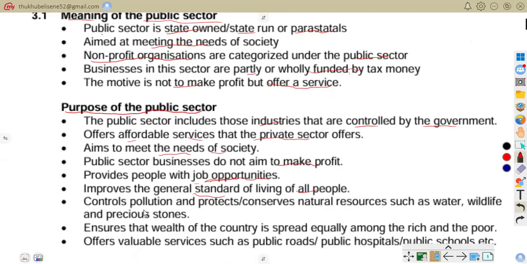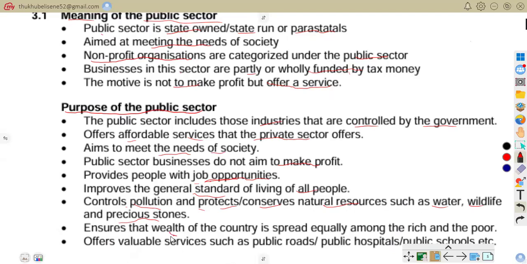It controls pollution and protects and conserves natural resources such as water, wildlife, and precious stones. So it protects the environment and resources, for example wildlife protection.